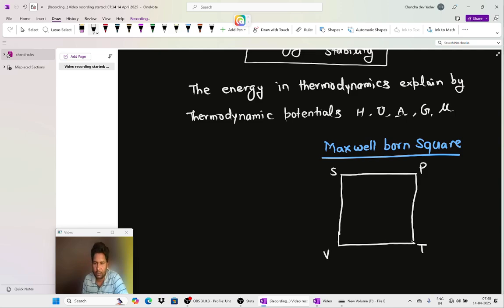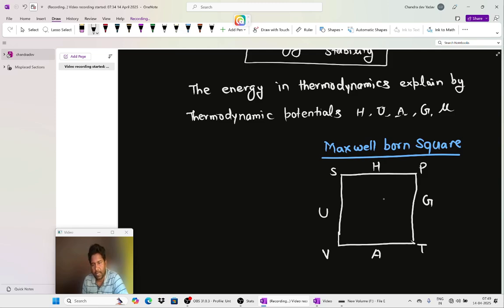These are variables, meaning the functions which change the potential. Enthalpy, Gibbs free energy, Helmholtz energy, and internal energy. We can learn this as SPVT, HGAU.